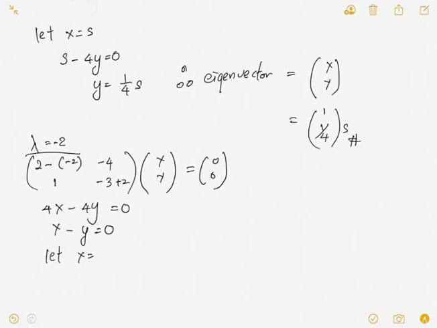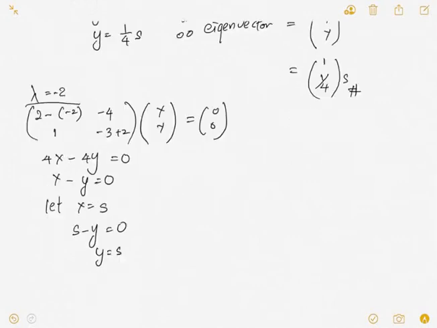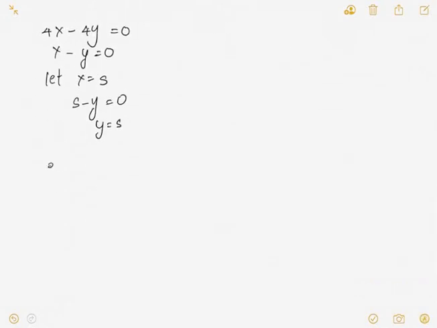Again you assume x is equal to s, so you have x minus y equal to 0, and y equals s. So your eigenvector again is, what is the value? Yes, 1 and 1.